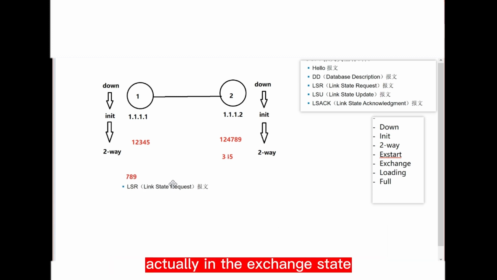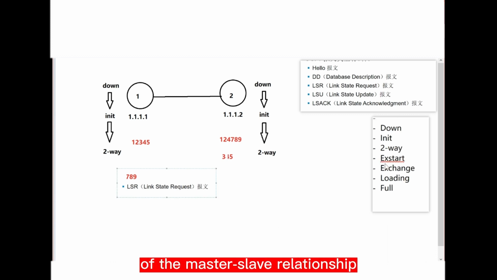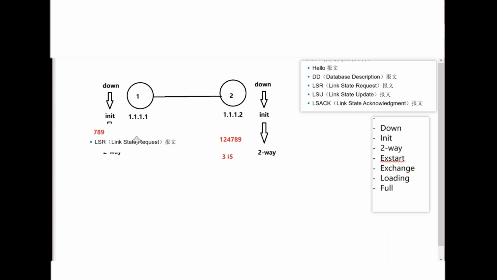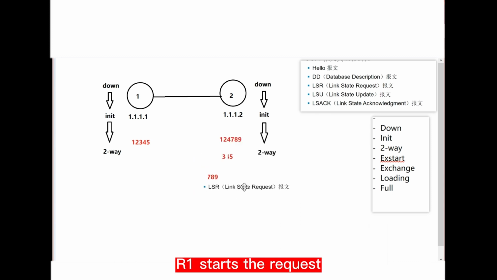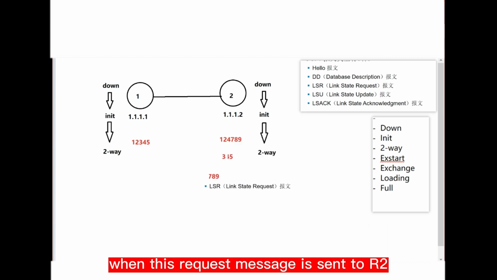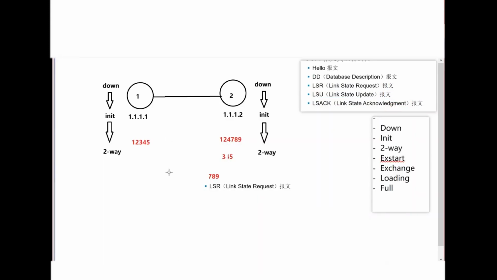Actually in the Exchange state, in the ExStart state just now, we go through the election of the master-slave relationship, then interact with DD messages. Further down is the LSR. R1 starts the request. When this request message is sent to R2, it should reply to R1.